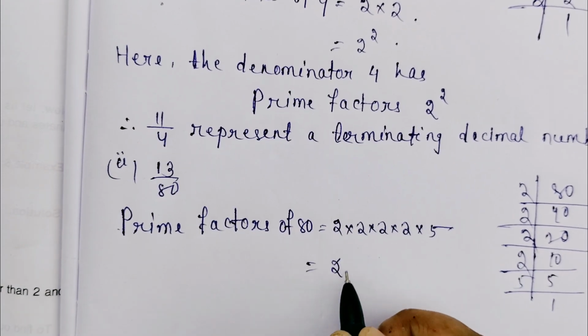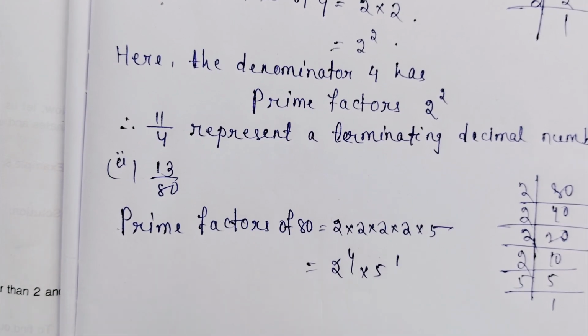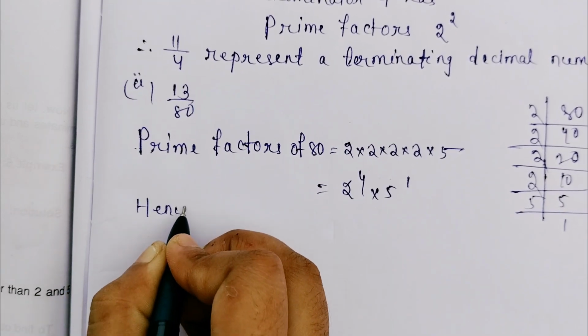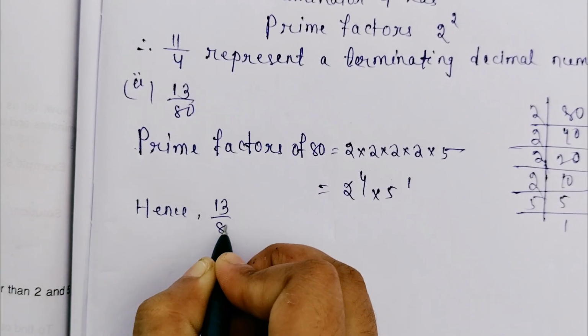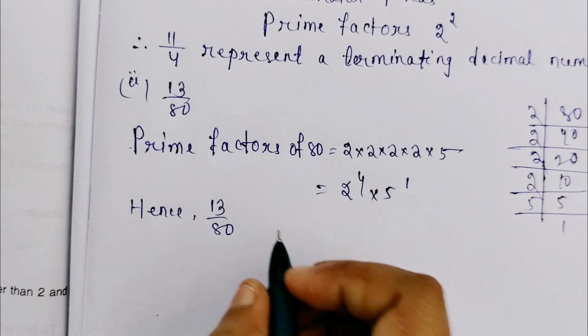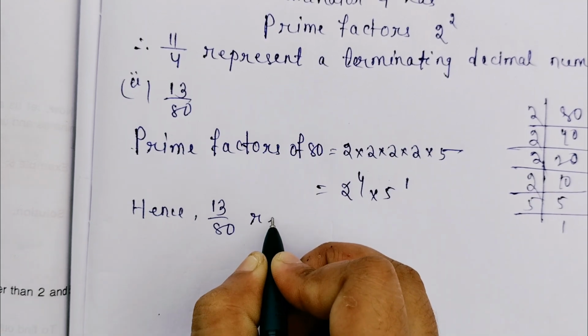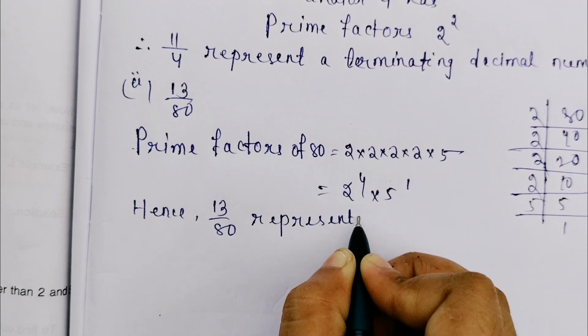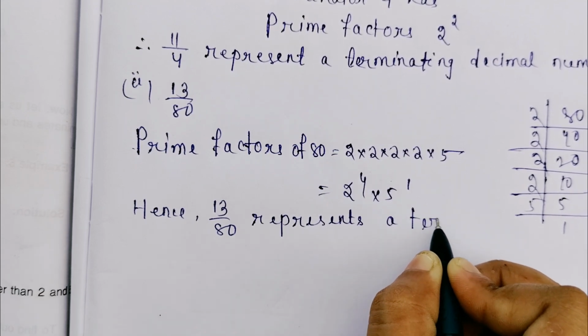Here 2 to the power 4 into 5 to the power 1. Hence 13 by 80 represents a terminating decimal number.